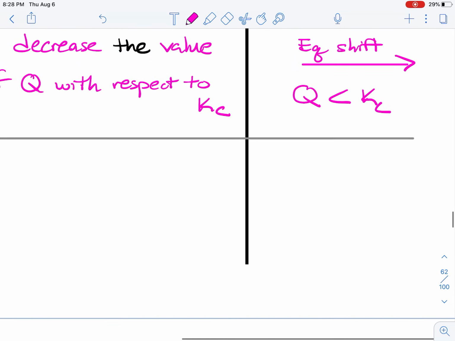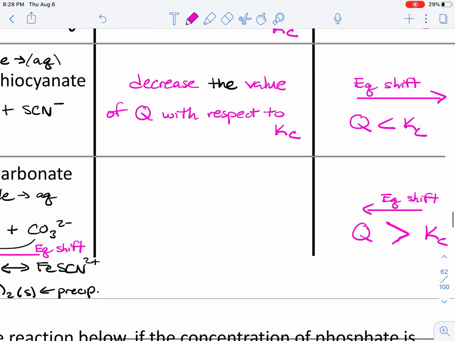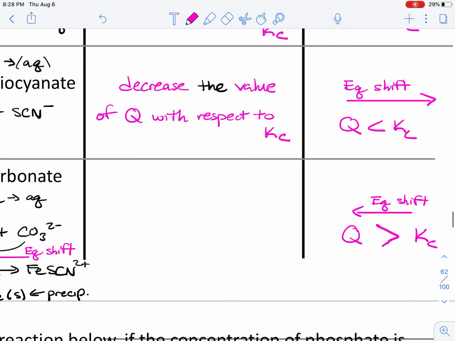And so since the equilibrium is shifting to the left, we know that the inequality points this way, and Q is going to be bigger than Kc. And so the addition of sodium carbonate is going to increase the value of Q with respect to Kc.